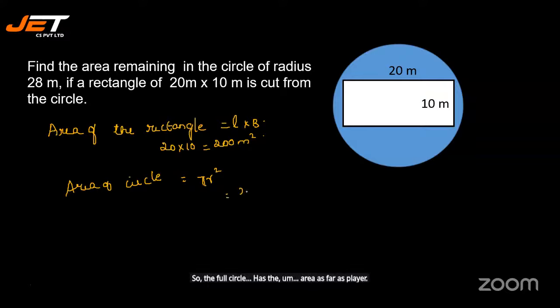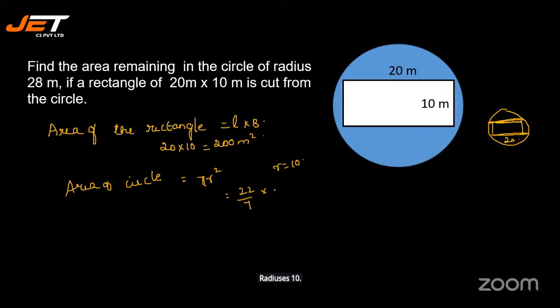Pi is 22 by 7. And what is the radius here? This is the circle, and the rectangle over here has this. Which means this full length is 20, that is the diameter is 20, radius is 10. So 10 into 10.